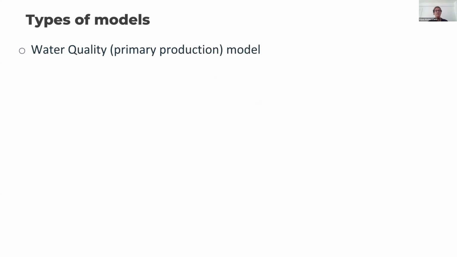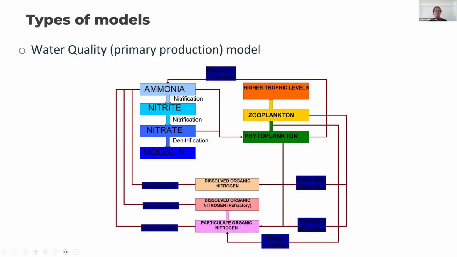And usually it's like this. So imagine you have all these properties which are being solved, being transported in our domain, and all these arrows here represent the sources and sinks of each property. For example, for nitrate, the nitrification is a source, and the denitrification is a sink.